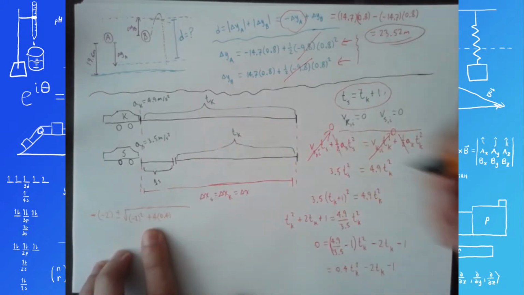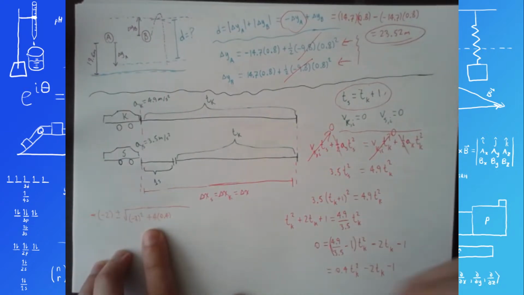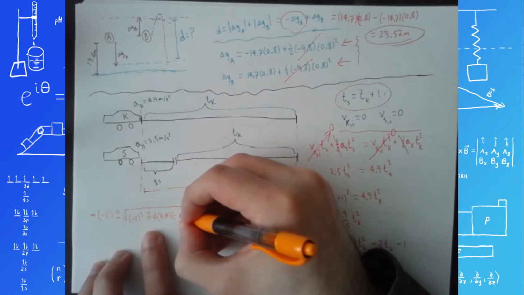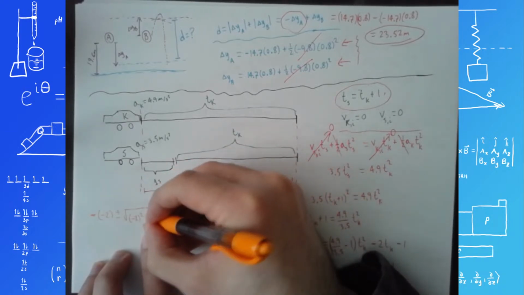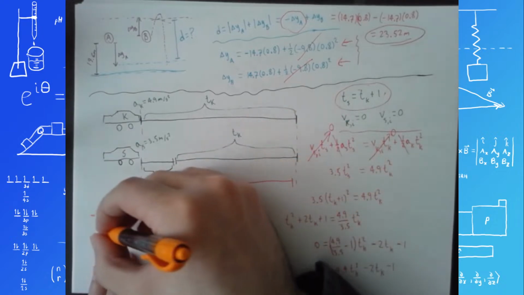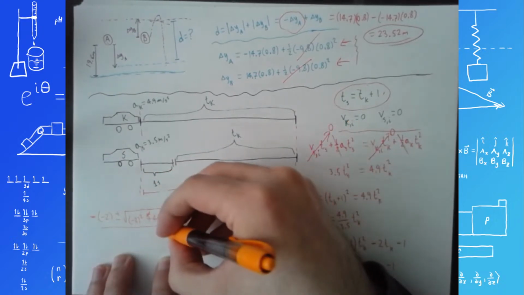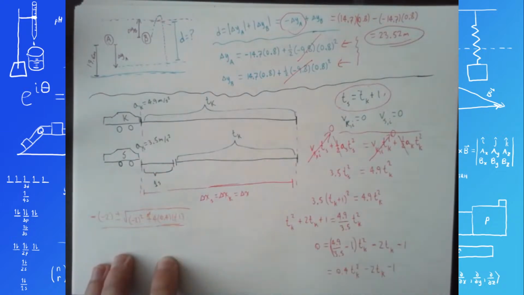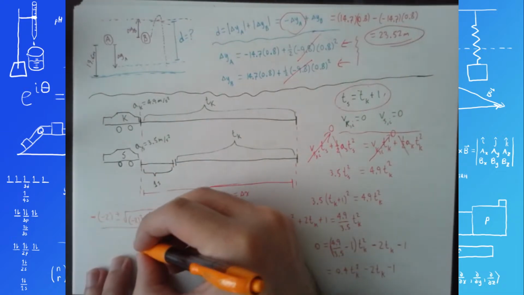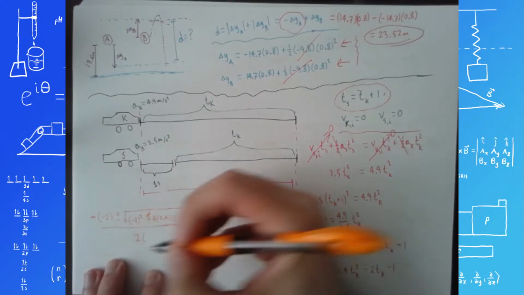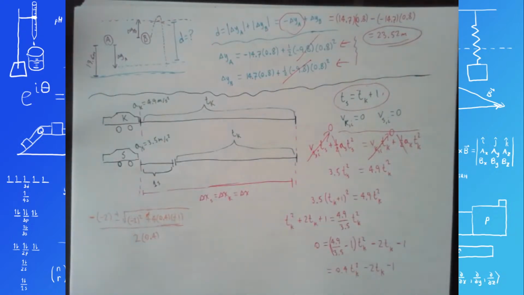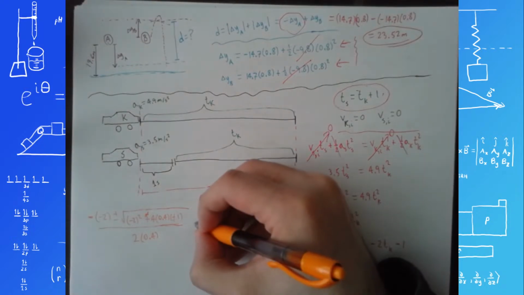But it's going to turn into a plus anyway because that's a negative 1. So it would have been minus and then negative 1, but the negatives cancel, leaving us with a plus. There we go, fixed it. Over 2 times a, 2 times 0.4. Okay, let's see what we get.